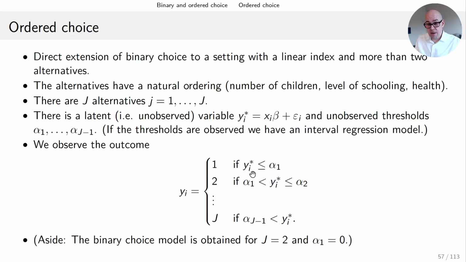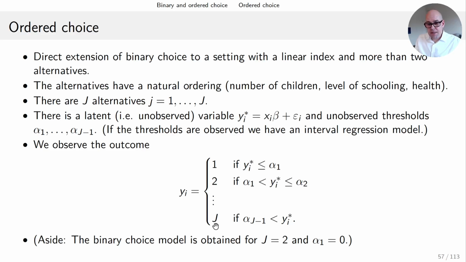So if yi star is less than or equal than alpha 1, then I'm going to observe a 1. If it is between alpha 1 and alpha 2, I'm going to observe a 2, and so on and so forth. And for the last outcome, if yi star is bigger than the last threshold, alpha capital J minus 1, then I'm going to observe a j.